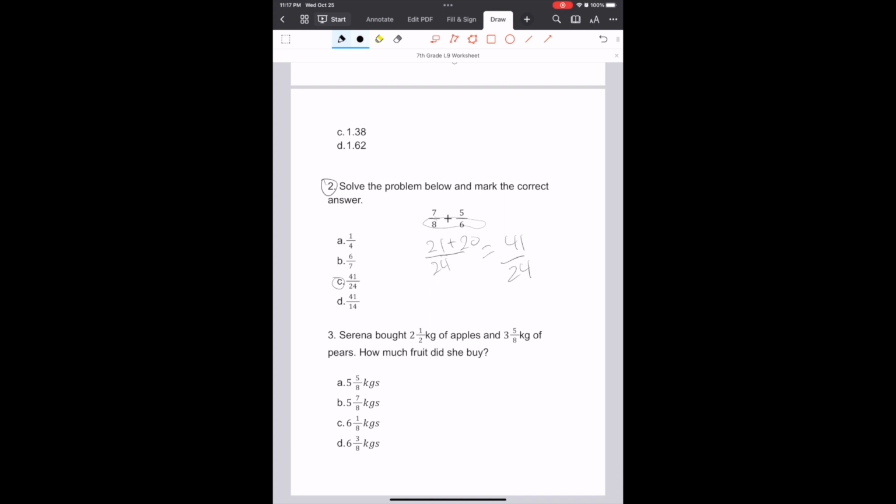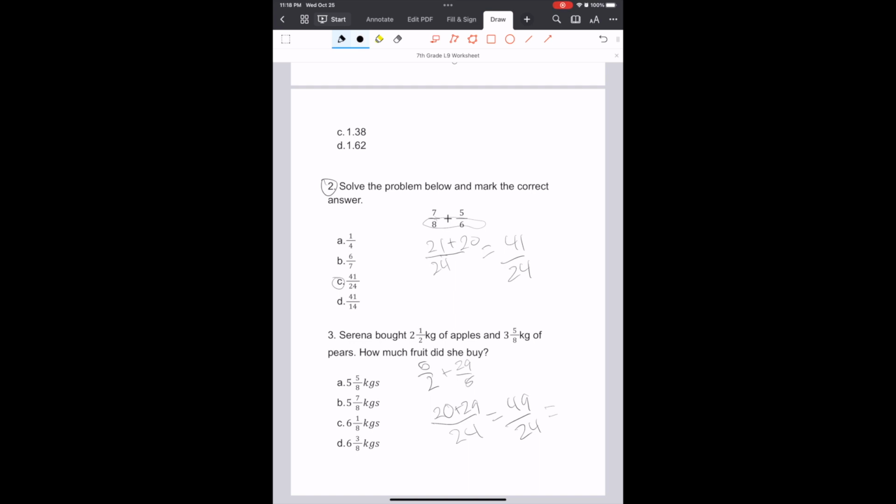And then, same thing here. First we're going to combine into an improper fraction. So 2 and 1/2 is the same thing as 5/2. Plus 3 and 5/8 is 29/8. And then common denominator, it'll turn to 20 plus 29 over 24, which is equal to 49 over 24.